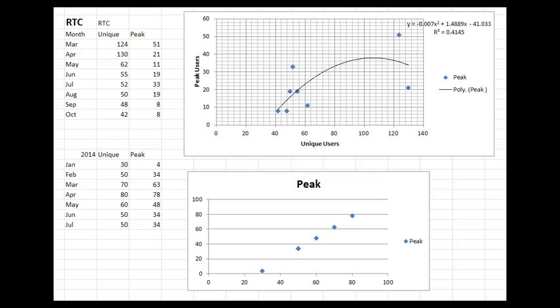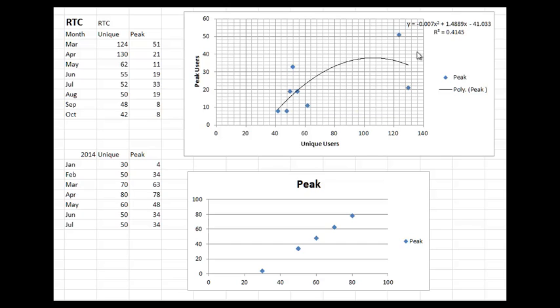And you can see that it kind of trails off, and that's not entirely surprising because as we add more and more users, you have other people whose involvement in projects may be trailing off, and therefore they don't come in as often. So even though they may come in from time to time, that doesn't drive the peak.